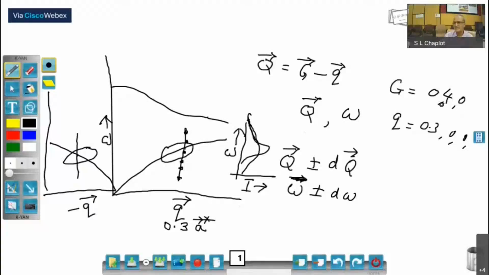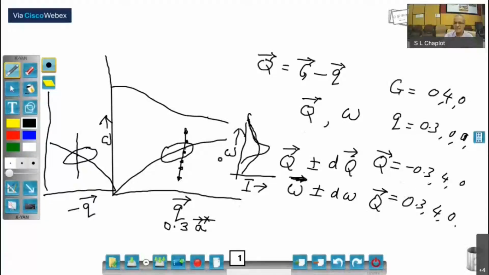These are the components along the three reciprocal lattice vectors a-star, b-star, and c-star. And so capital Q is minus 0.3 4 0. Now I could also measure it in the other direction, where q is not plus 0.3 but minus 0.3. Then capital Q would be 0.3 4 0. So you can get the same frequency at these two different settings.